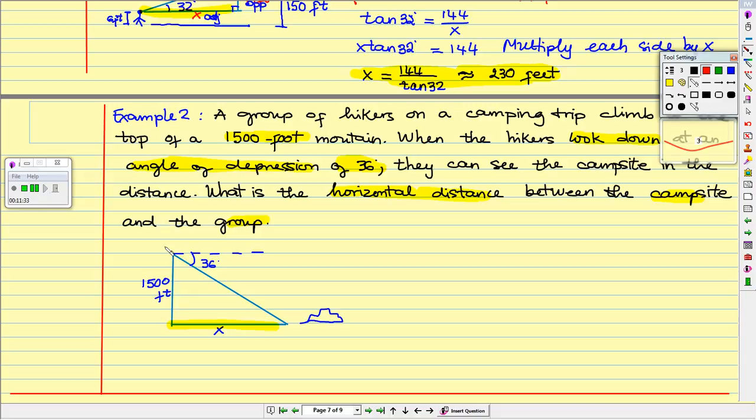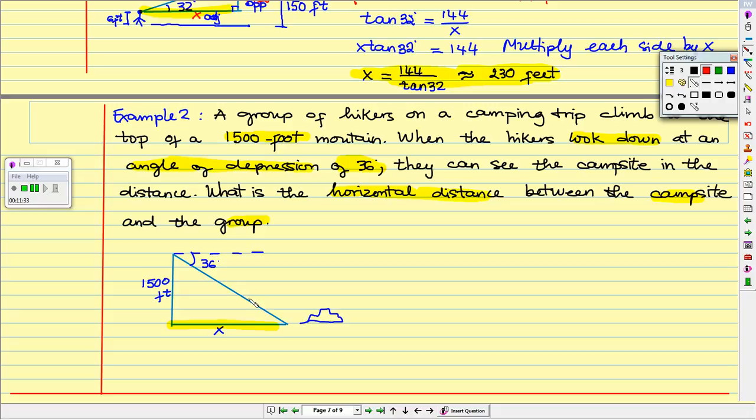Okay, let's begin. Now we know this angle is 36 degrees. And we know that this horizontal line and the horizontal line below are parallel.